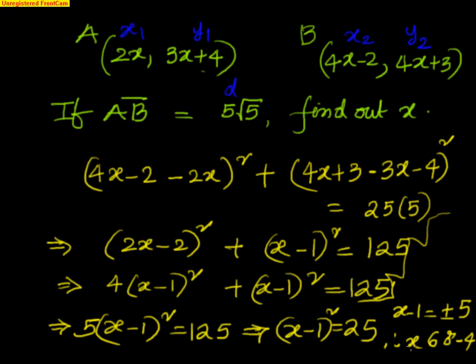If you apply these values of 6 and minus 4, you can cross check the points you will be getting. These are the points you will be getting if you apply the values of x as 6 or minus 4.